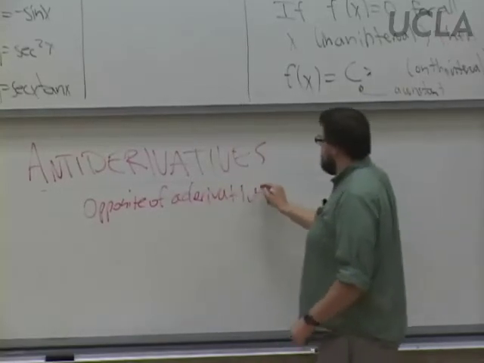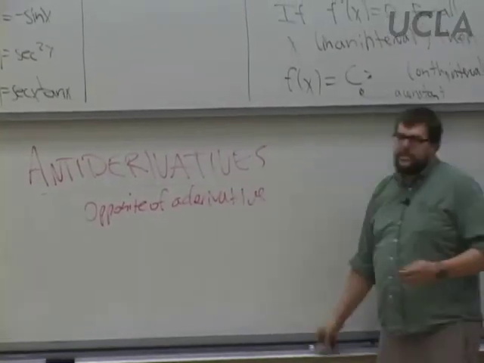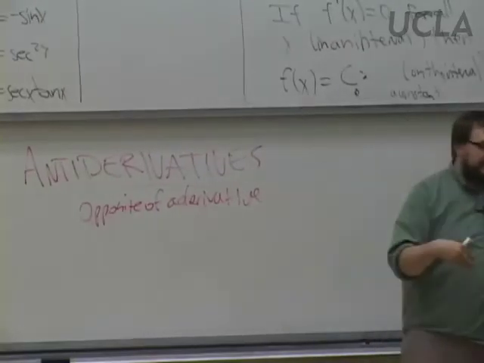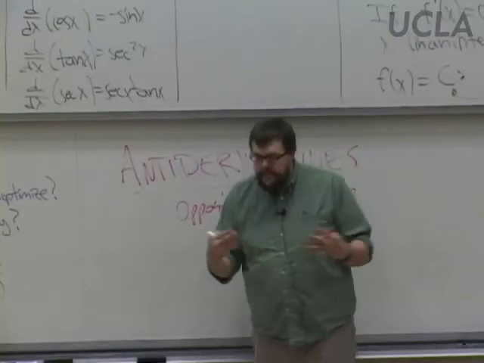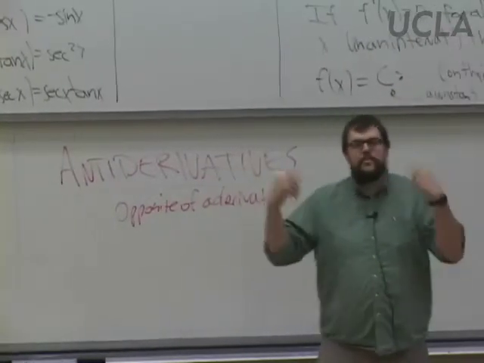So what do we mean by the opposite? Originally we started with a function, and we took a derivative and got a new function. For the antiderivative, we have a function and we're trying to find a function whose derivative gives us the original function.